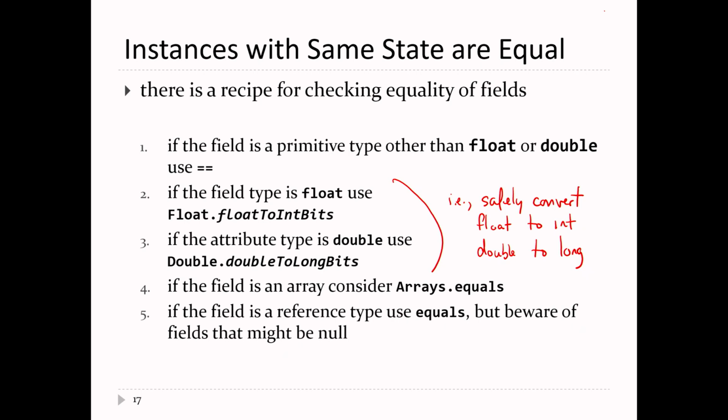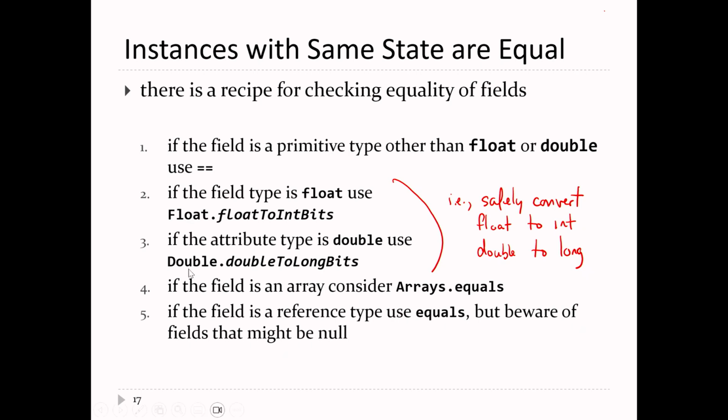If you have 2 floating point values, which is the situation we're in, then if you have a float field, you call floatToIntBits, and if you have a double field, you call doubleToLongBits. These methods safely convert a float to an int value, and a double to a long value.